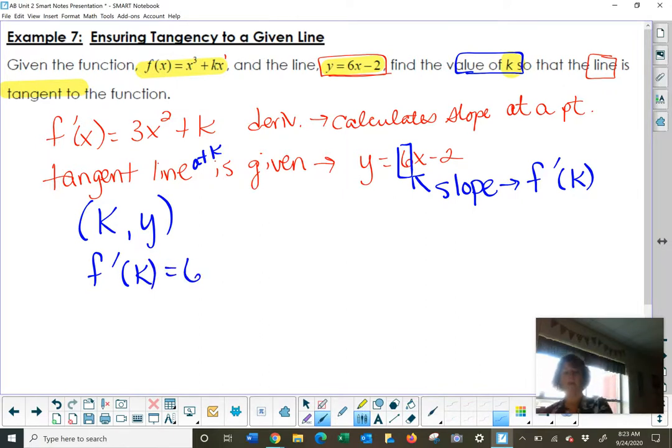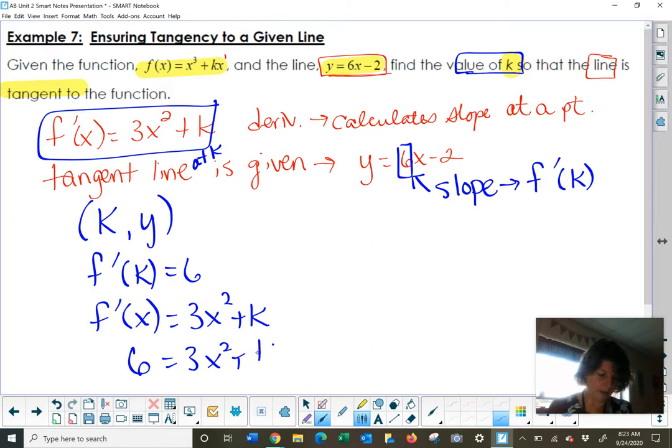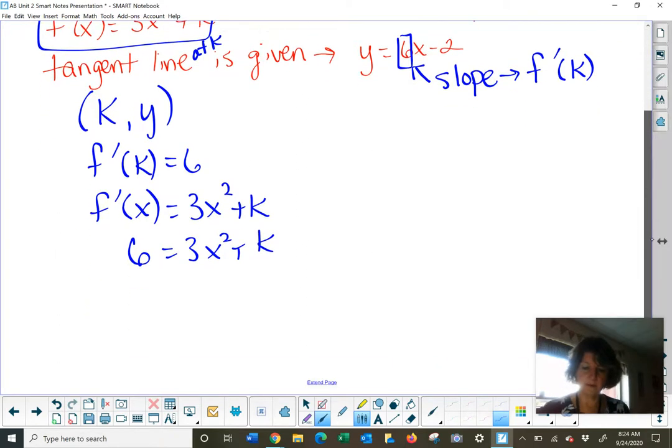There we go. And I have this, so I know that f prime of x equals 3x squared plus k. Let's set 6 equal to 3x squared plus k. Solve that.